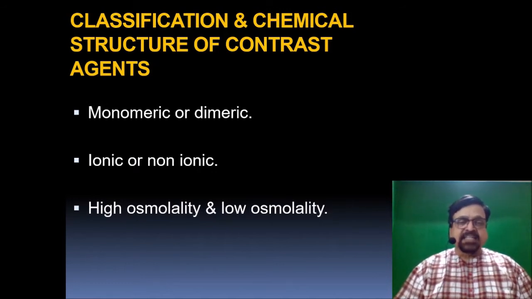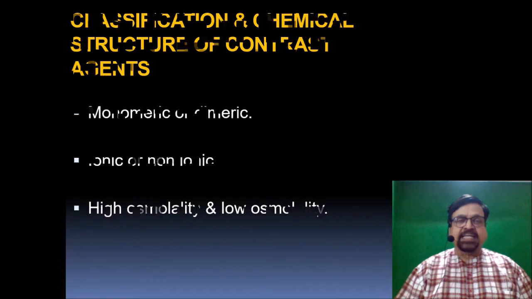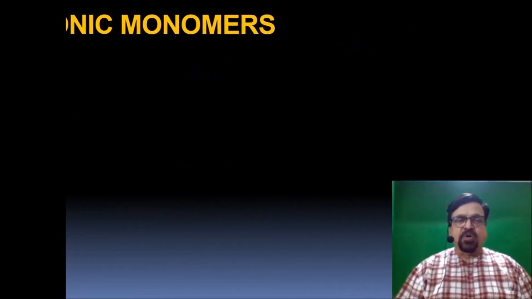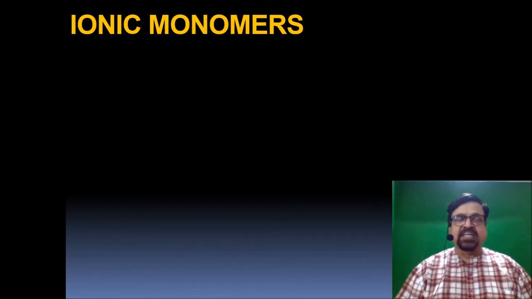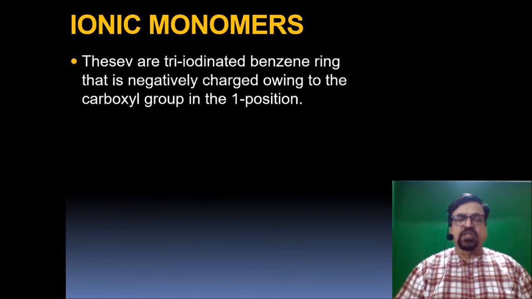And third is their osmolality. Whether osmolality is high or low also needs to be considered, because many of the side reactions depend on that. So the contrast should be first decided, and then its reactions and side effects should be known. Whether it's ionic or non-ionic is a different question.